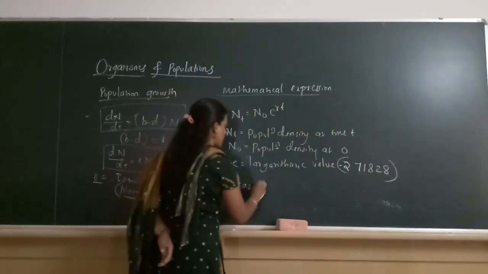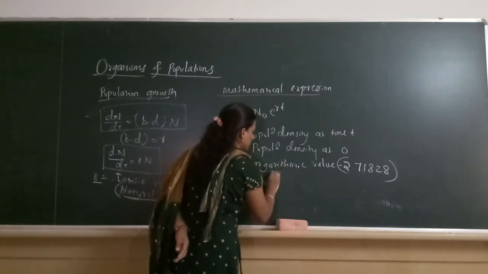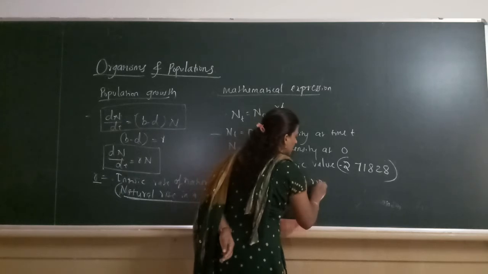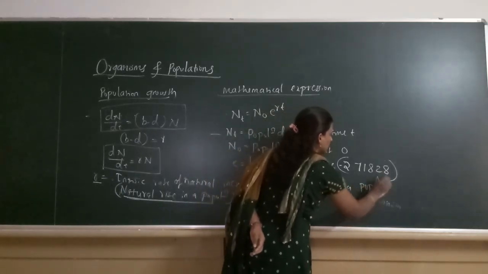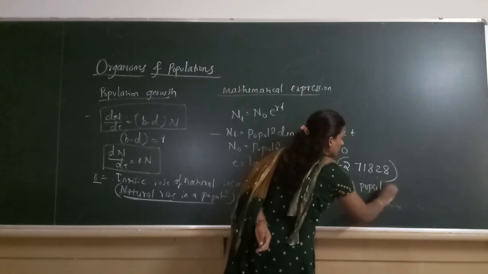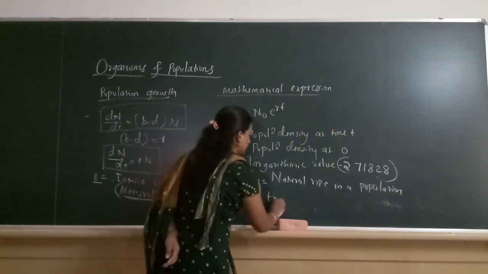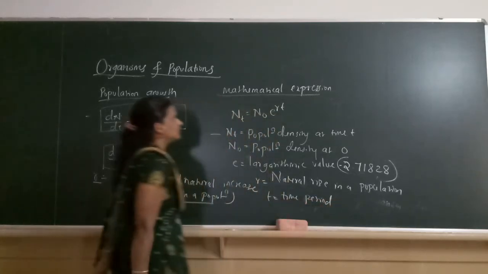Then what is r? r is the natural rise in a population. Okay. And what is t? t is the time period.